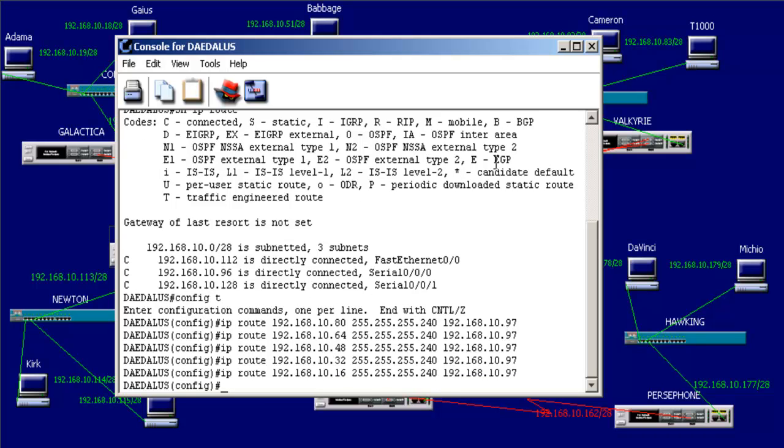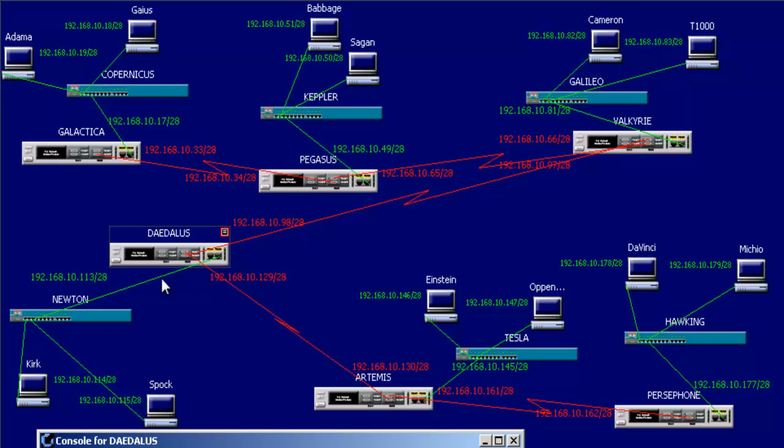Now we need to do the higher traffic, traveling to the higher subnets that the Datalist doesn't know about, that it doesn't have an adjacency to, and that's going to be sent to the Artemis, right, to this interface. So the highest network it knows about via direct connection or adjacency is the 128 subnet right here. After that, when it gets to the 160 and when it gets over here to the 144, it needs to be taught where to send those packets or how to route them.